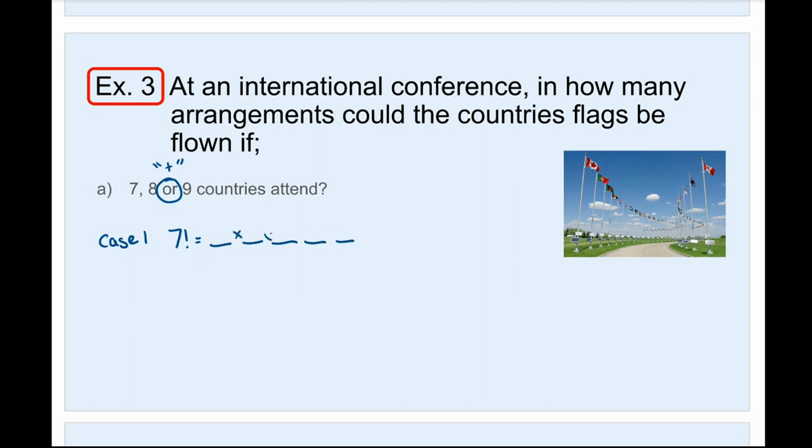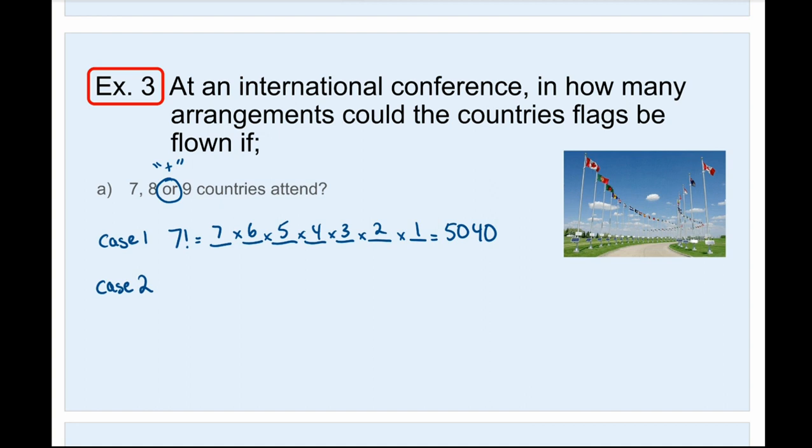So 1, 2, 3, 4, 5, 6, 7. There's 7 options for the first one, 6 for the second, 5, 4, 3, 2, and 1. So 7 factorial, which works out to 5,040 ways that I can arrange 7 countries or 7 flags.